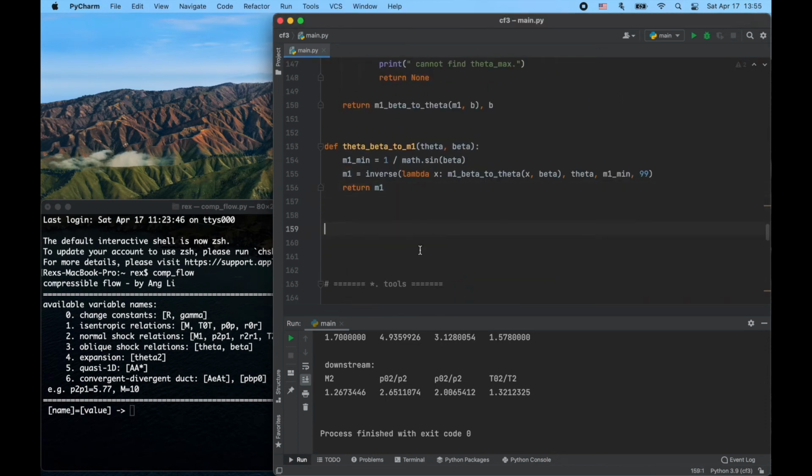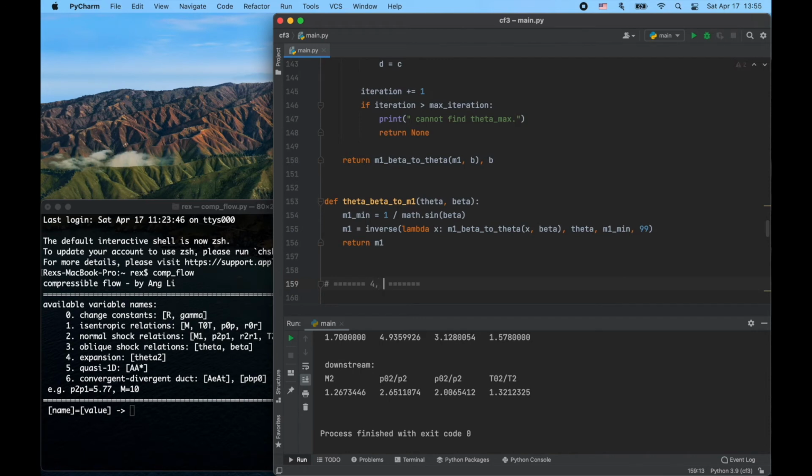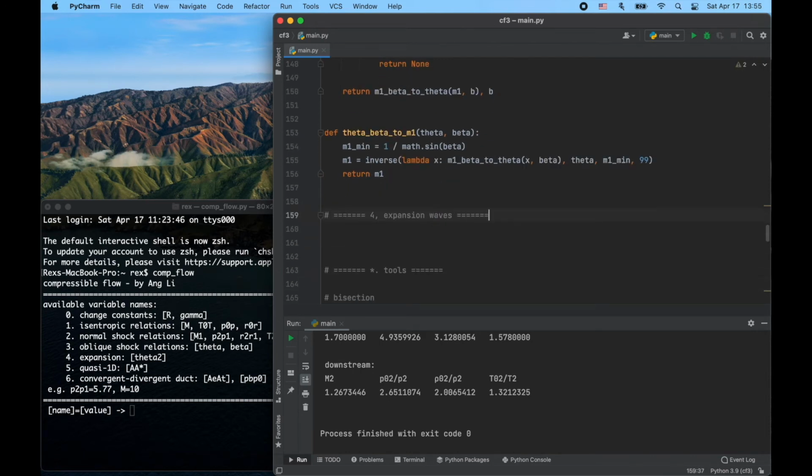Next, we are going to build the expansion wave. This one is easier. There's only one function, that is nu. So define M to nu, given the Mach number.